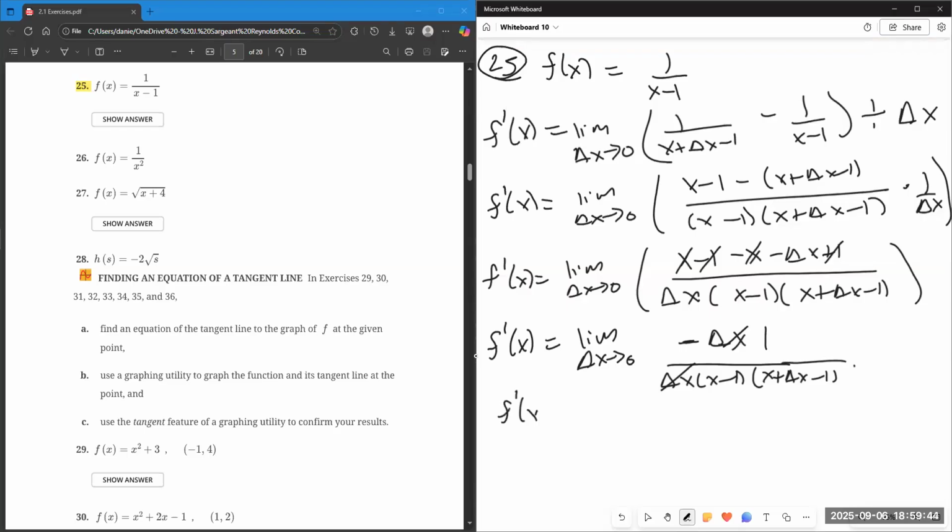F prime of x is equal to the limit as delta x goes to 0 of negative 1 over (x minus 1)(x plus delta x minus 1). So that's negative 1 over (x minus 1) quantity squared. When I put 0 in for delta x, I get two factors of x minus 1 in the denominator, so I'm just going to write them with an exponent of 2.